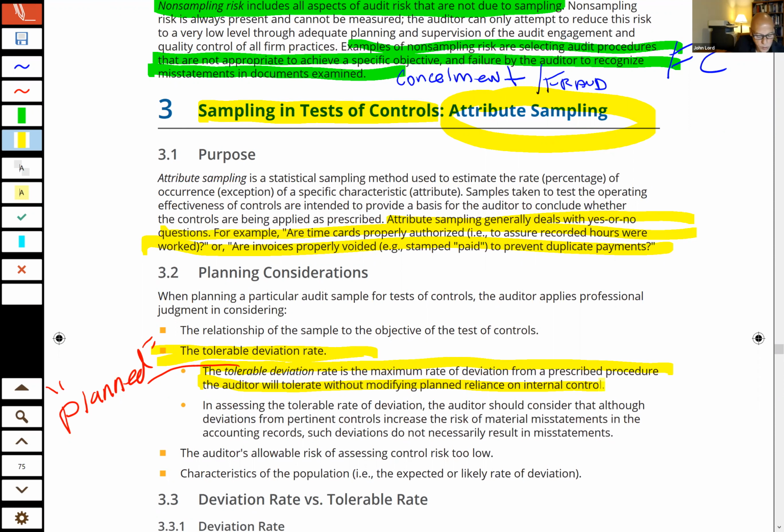So I'm willing to tolerate the person not signing the time card 3% of the time. So if I look at 100 time cards, I'm willing to accept 3 that aren't signed, and I'll still believe that this control has operating effectiveness. That's my tolerable rate.